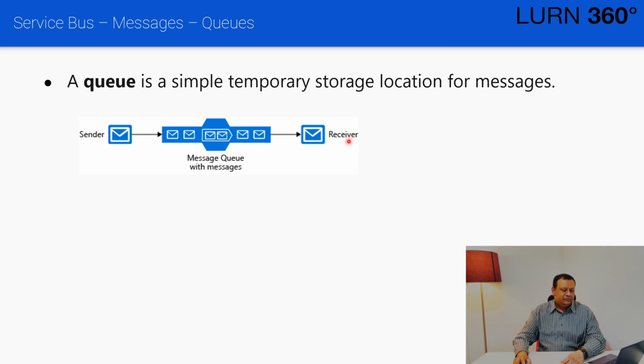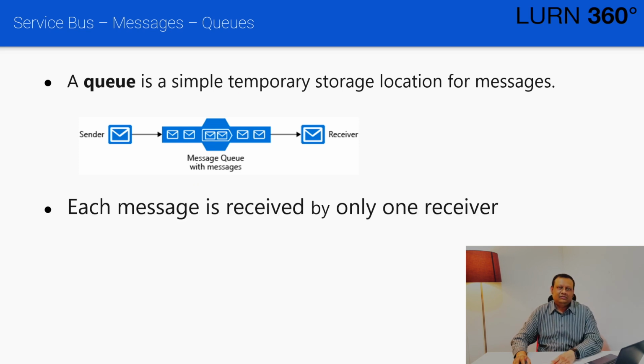The sender might be generating, let's say, 100 messages per minute, but the receiver might need more time to process all of these messages. It cannot probably process 100 messages per minute. In the meantime, all of those messages would be stored in this queue. So a queue is a temporary storage location for all of your messages.